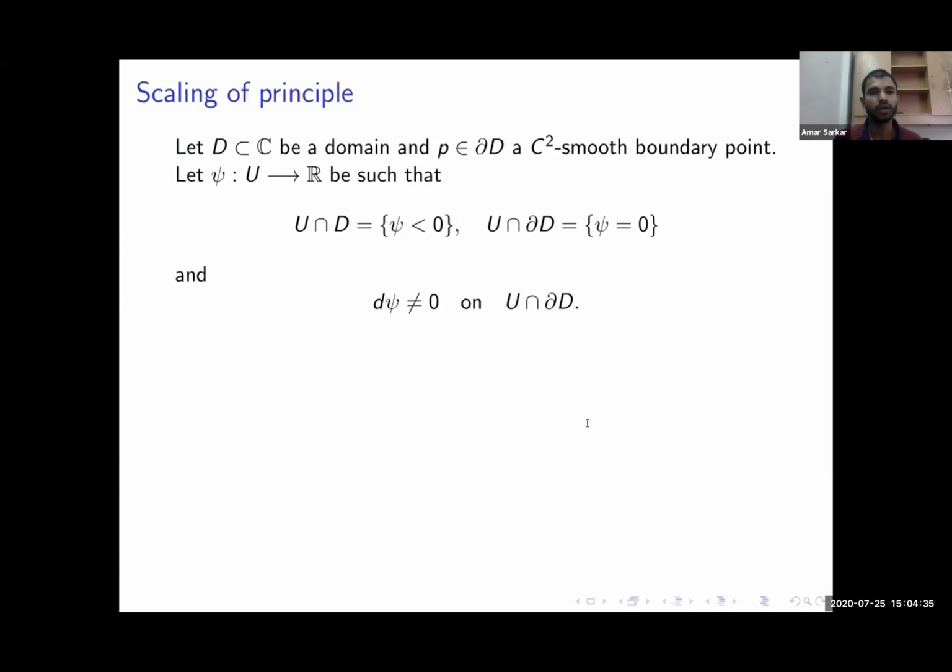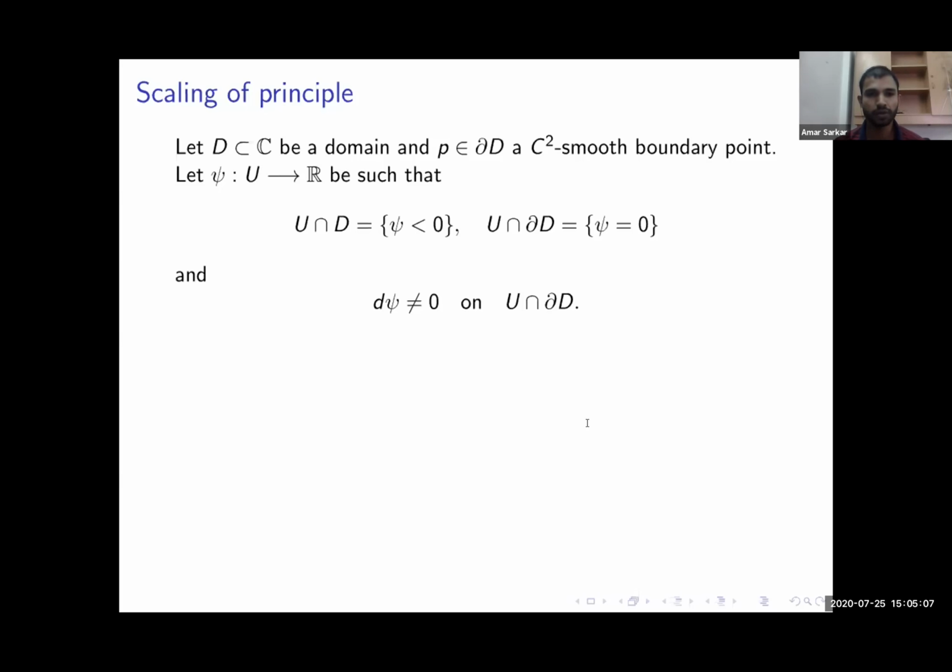Now let me briefly say something about the scaling principle. This scaling principle has been used in higher dimension to solve several kinds of problems. For that, we take a domain D in the complex plane and a C2 smooth boundary point of that domain, call it P, and then we have a defining function psi in a neighborhood U of the point.